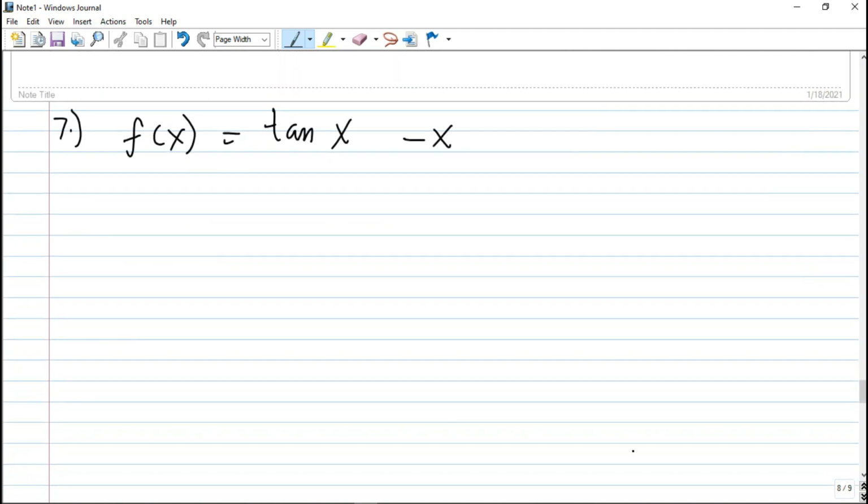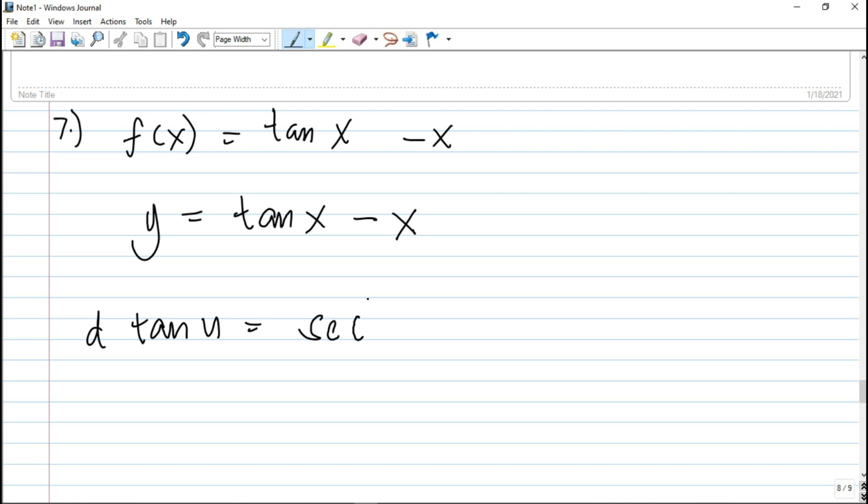So, f of x is equal to tangent x minus x. Okay, so let's just say f of x is y. So, y equals tangent x minus x. So, derivative ng tangent, the derivative of tangent u equals secant squared u, derivative of u.